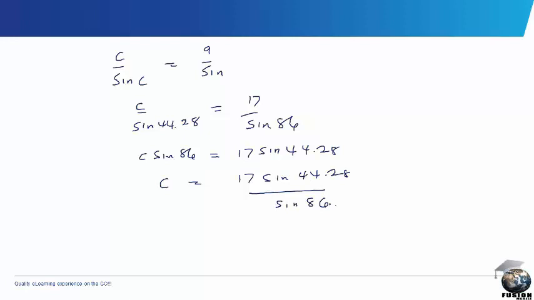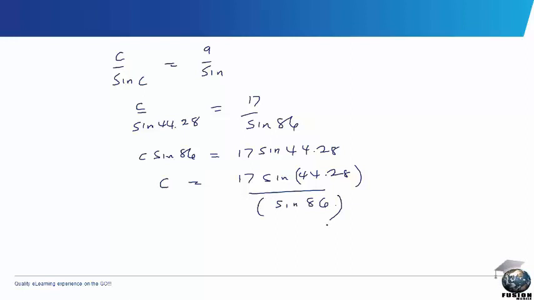You can punch it into your calculator this way. You can use brackets to separate distinctively so that you don't make mistakes. Press 17 sine in bracket 44.28, then divided by, insert another bracket after the division sign, then sine 86, and close your bracket.